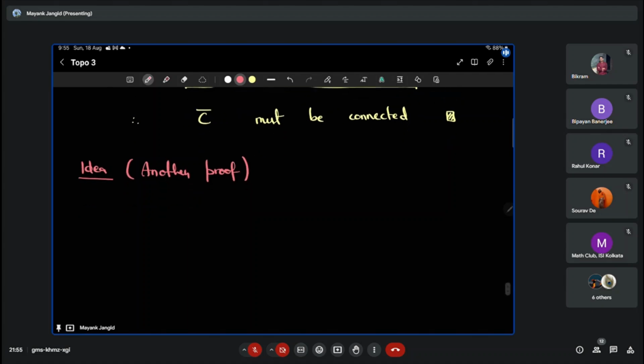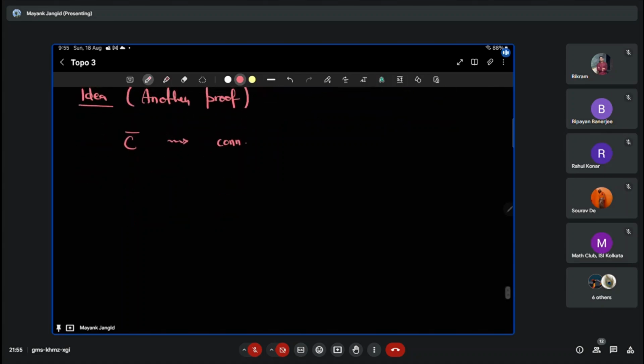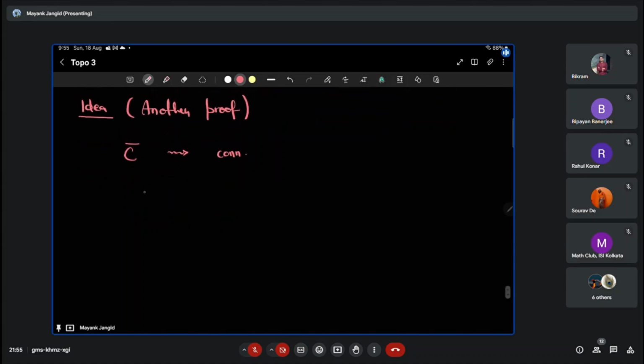So we wanted to show that the closure of C is connected. So basically what we want to show is that any continuous function from the closure of C to the set {0, 1} with discrete topology is constant. Now restrict this function to C. Because of the connectedness of C, this function restricted to C is constant.